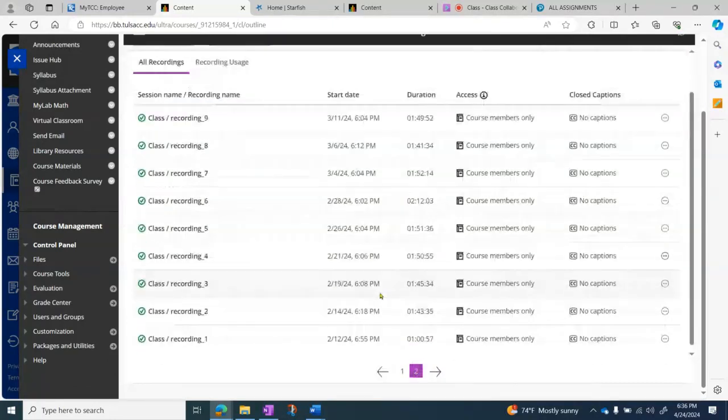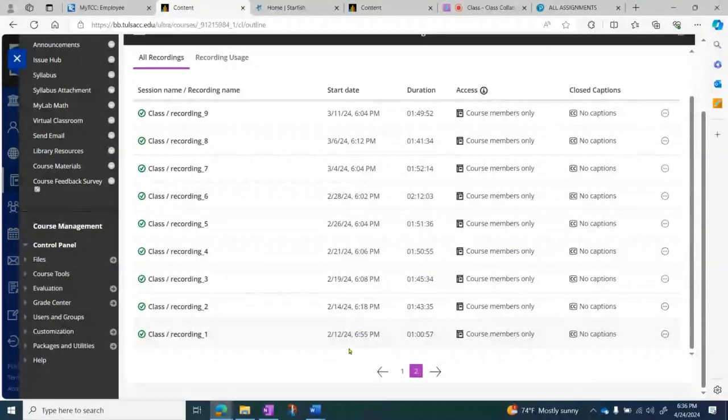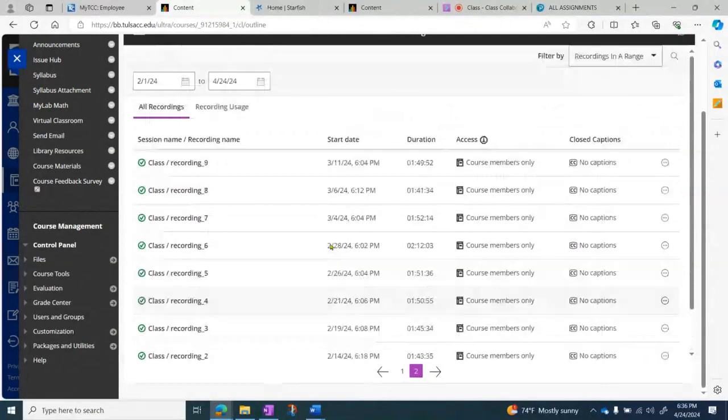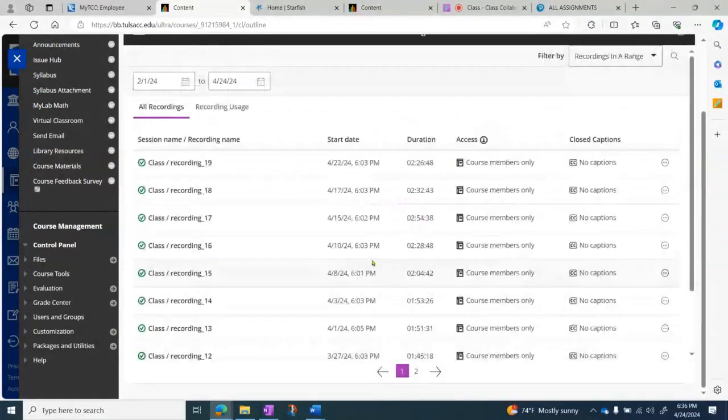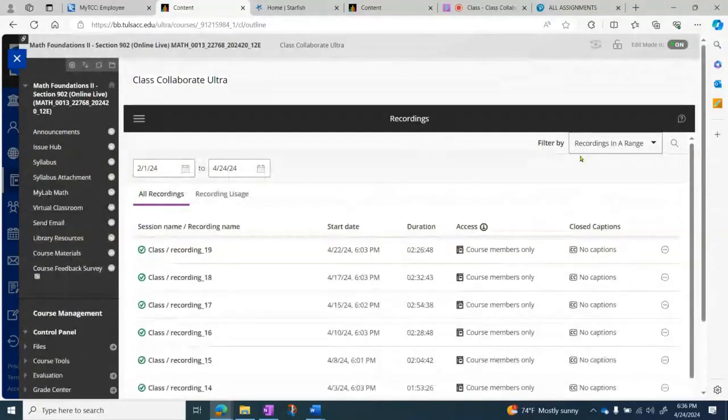If you move to the second page, in the first class, we start from February 12th, 14, and then February 19. I think every time I remember to record. So if you don't see all of them, go to right here, check recordings in a range, and change the time to cover this semester, and you will see all the recordings.